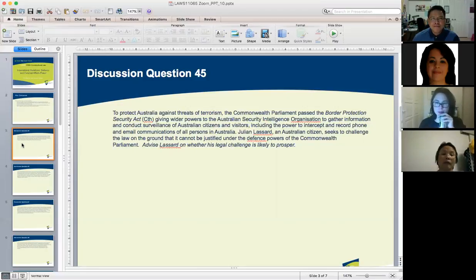So imagine if there were that kind of legislation, which I think was at some point being discussed in the Parliament. Now, Julian Lazard, an Australian citizen, seeks to challenge the law on the ground that it cannot be justified under the defense powers of the Commonwealth Parliament. Advise Lazard on whether his legal challenge is likely to prosper.